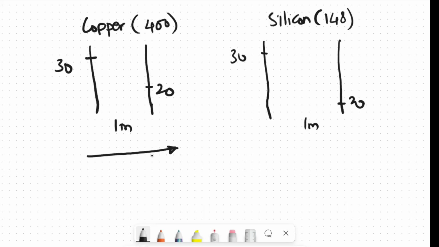The heat conducted in case of copper will not be equal to the heat conducted in case of silicon. So the heat conducted in case of copper will be 4000. Now, in case of silicon, let me calculate the value.